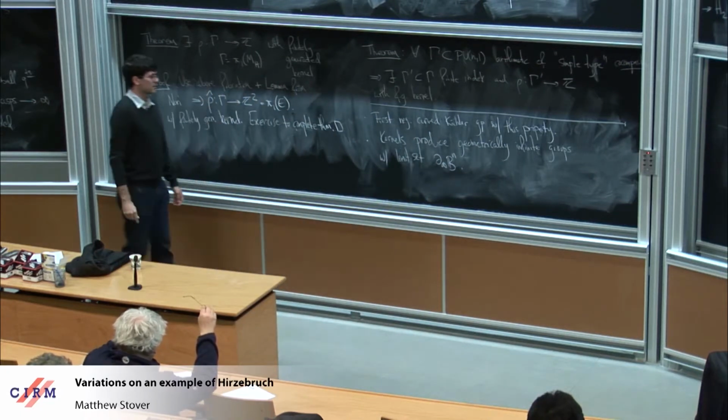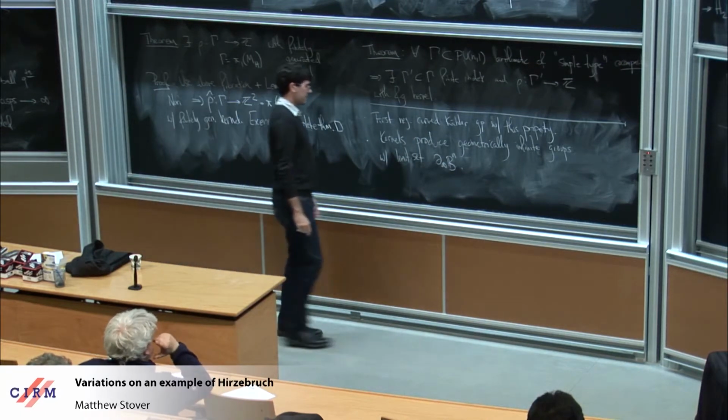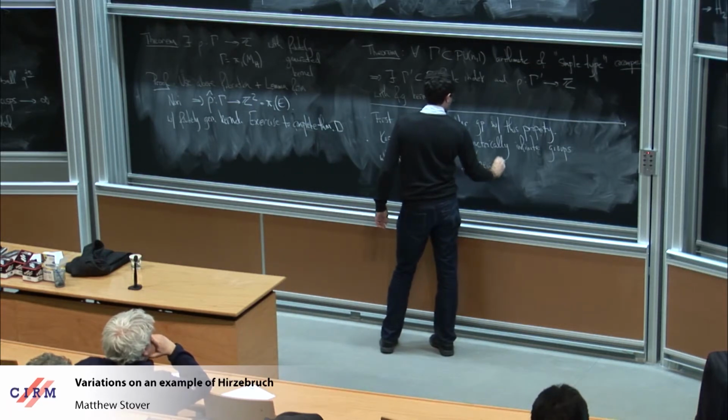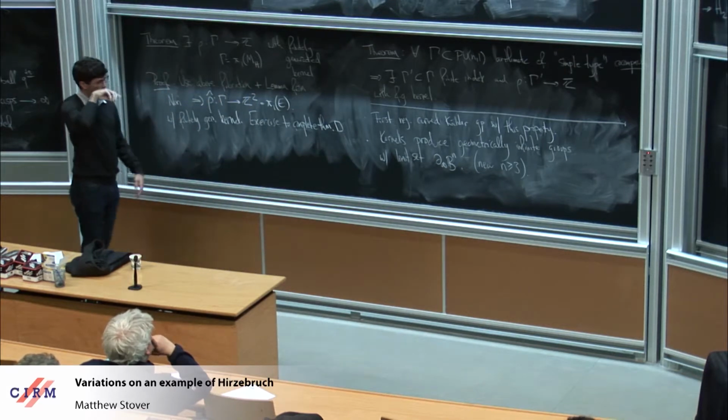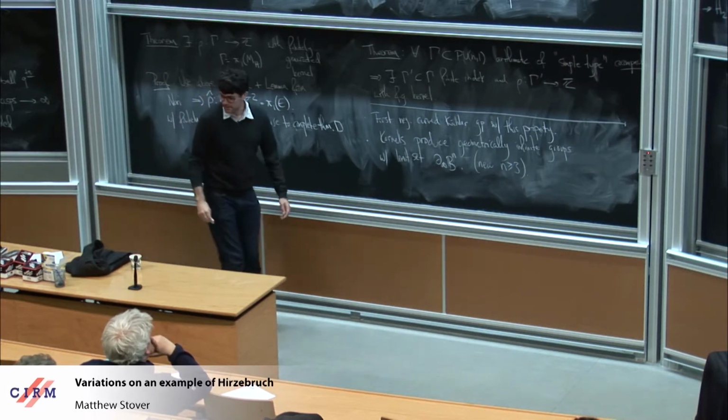I believe these are also for n greater than or equal to 3. This is new. For n equals 2, you could have used fibrations of Deligne-Mostow examples.